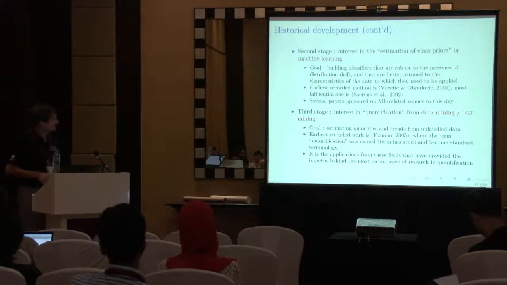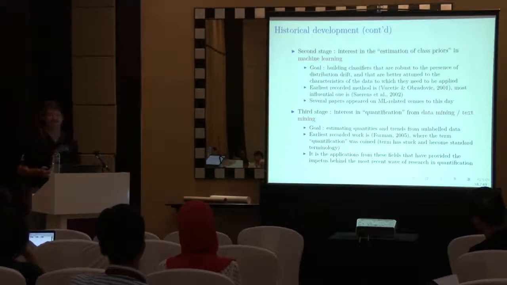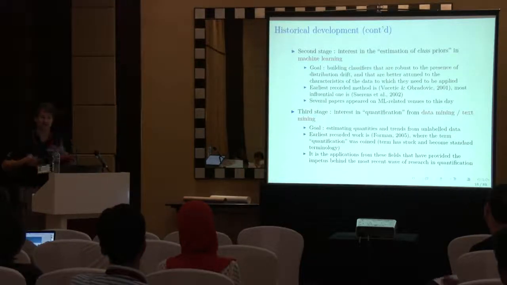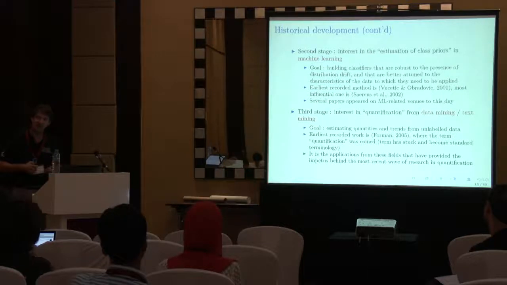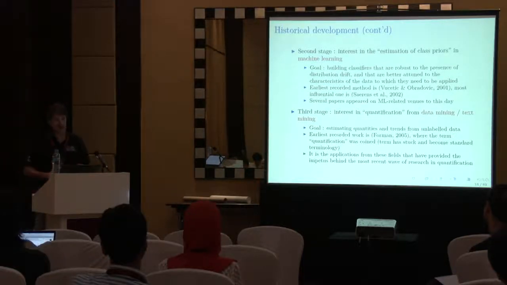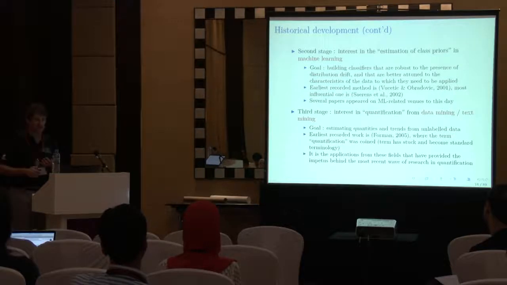In machine learning, people started to get interested in what they call the estimation of class priors, because the goal was building classifiers that are robust to the presence of distribution drift, that can behave well when the IID assumption breaks down, so when class priors change from training to test. These are methods where classifiers trained on the training data can be corrected, attuned to the new characteristics of the data.